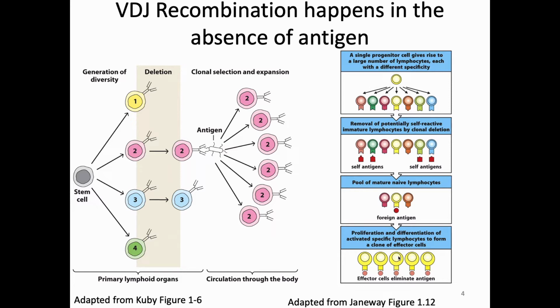We make basically a diverse enough set of cells that we have one cell that can bind to pretty much every biomolecule. We make one antibody of everything. This is actually super important. If we were going to wait until after we got infected to start making things, we'd never win because the microbes would reproduce so fast. So we basically make one of every possible option to start with.